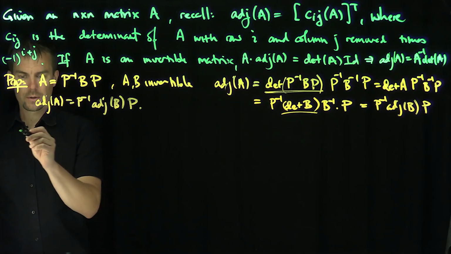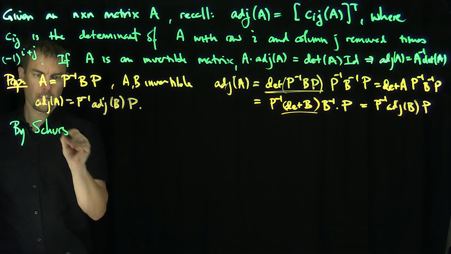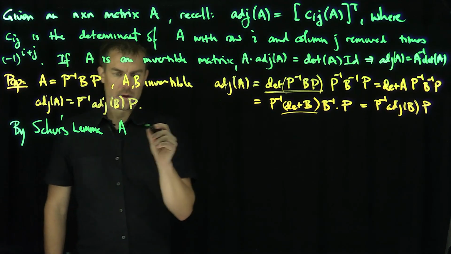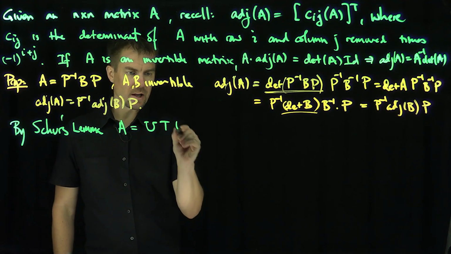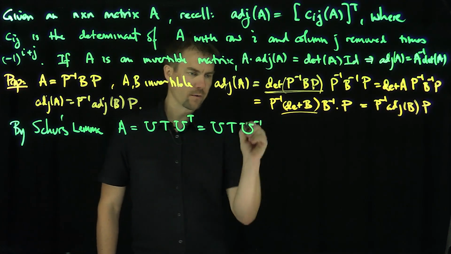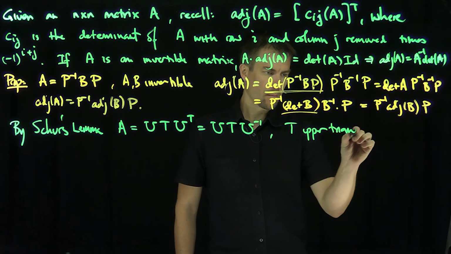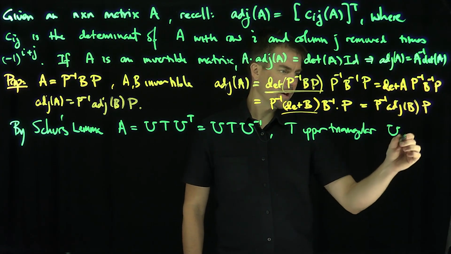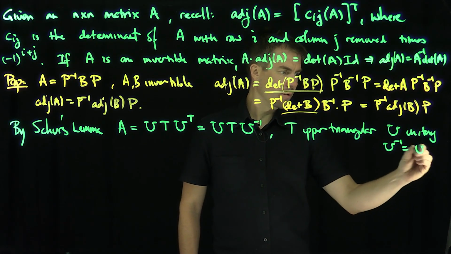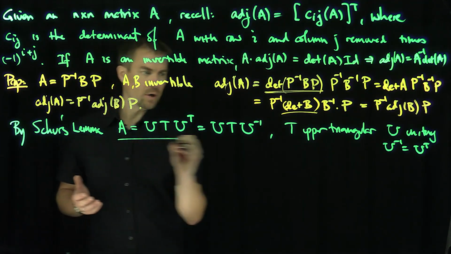Let A, by Schur's lemma, be equal to U T U transpose, which is U T U inverse, where T is upper triangular and U is unitary, meaning that U inverse is equal to U transpose, or conjugate transpose, since I'm assuming these matrices are real over here. So Schur's lemma works in generality.